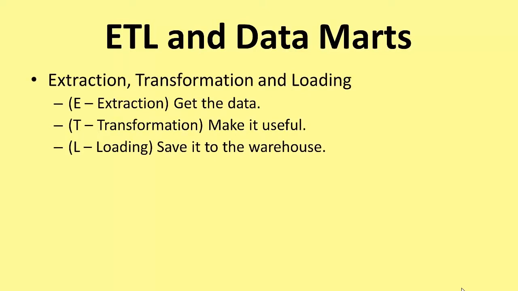ETL and data marts. ETL stands for extraction, transformation and loading. And these are the three stages you have to go through to create a data warehouse. First of all, you have to extract the data from the in-house databases.